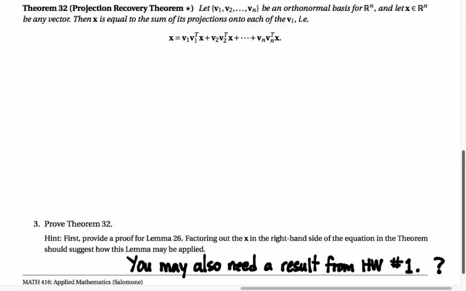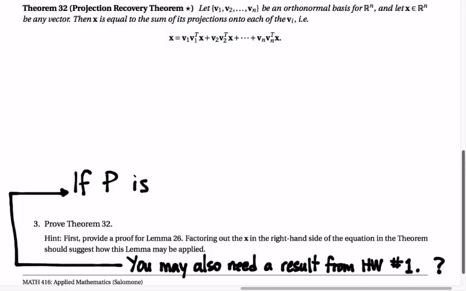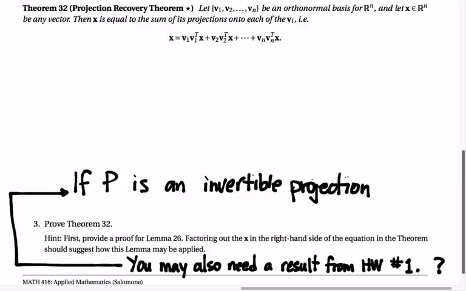And so the result I'm thinking of is the following, and maybe this will change your thinking about how to prove this theorem. I don't remember which problem number this was, but the result said that if P is a projection matrix, and if that projection matrix is invertible, so most times when we make a projection matrix, we don't get a matrix which has an inverse, because the rank of a projection matrix is equal to the dimension of the subspace onto which we're projecting.